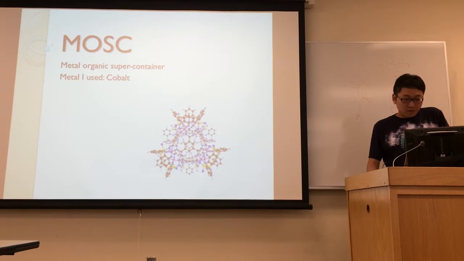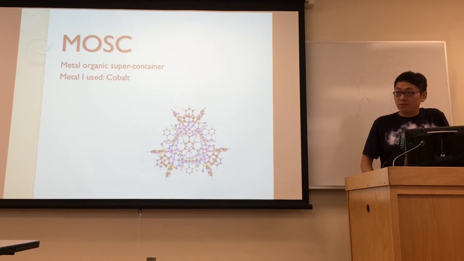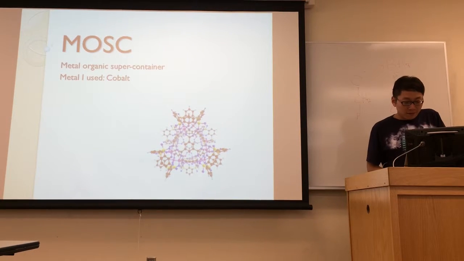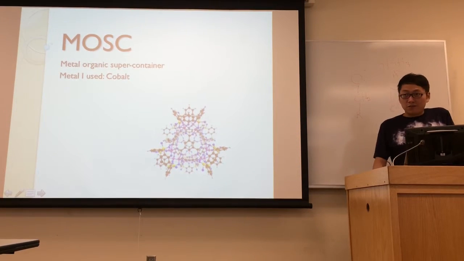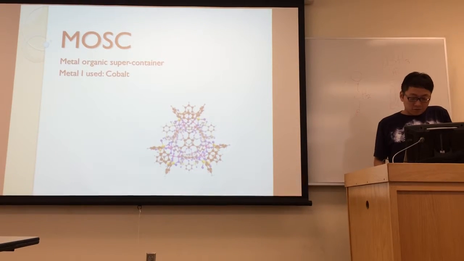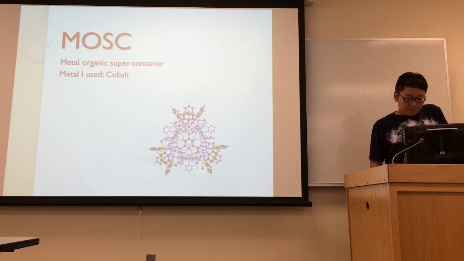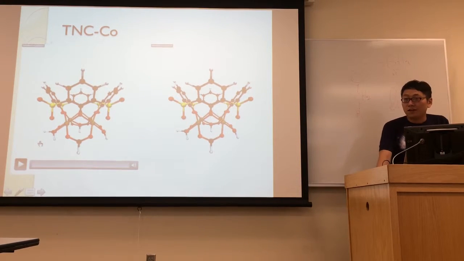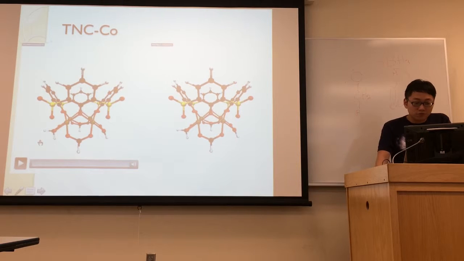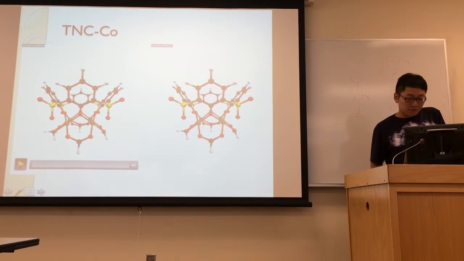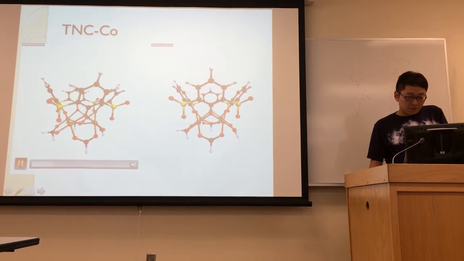I'm going to be talking about basically the same materials here. The difference is I use a different metal. As Andrew already told us, the mask is a metal-organic supercontainer. Because of the size of the molecule, we chose to use a much smaller complex, the TNC complex.